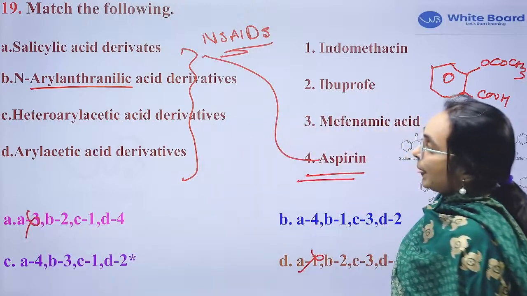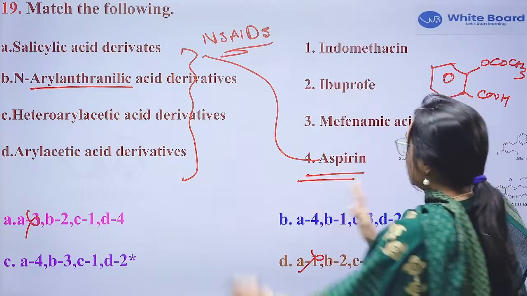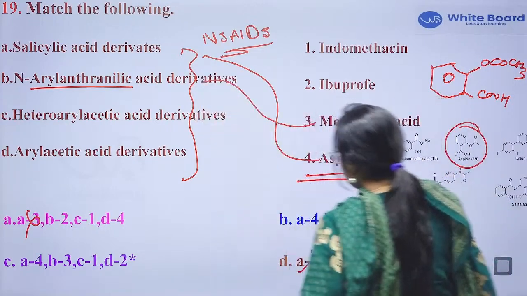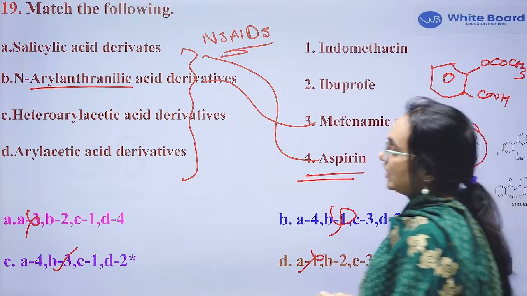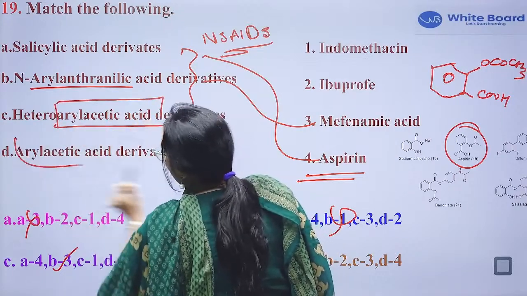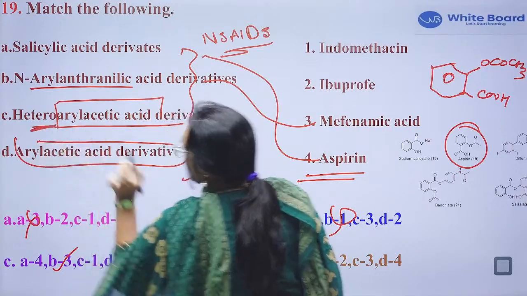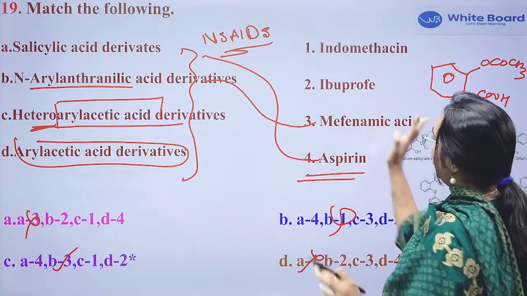Next, aryl anthranilic acid derivative. The anthranilic acid example is mefenamic acid. B is 3. Heteroaryl acetic acid: aryl acetic acid derivative, when a hetero group is there, that is the only difference. So, indomethacin and ibuprofen.